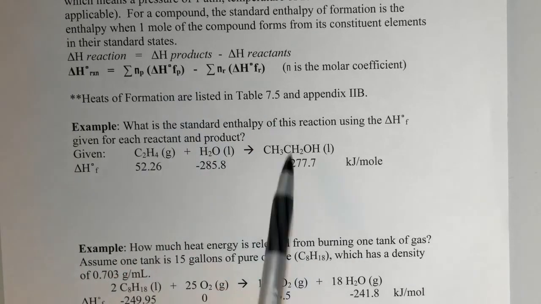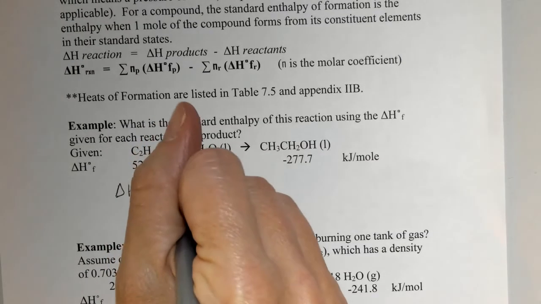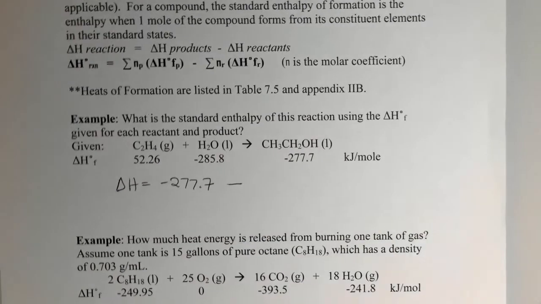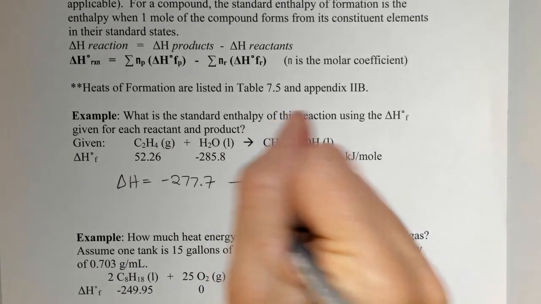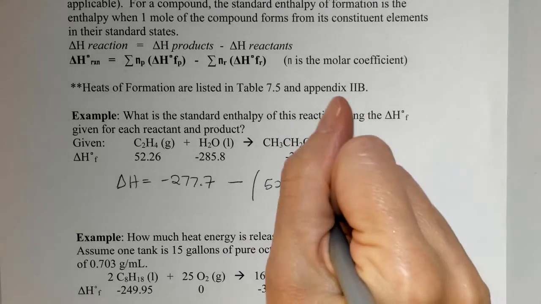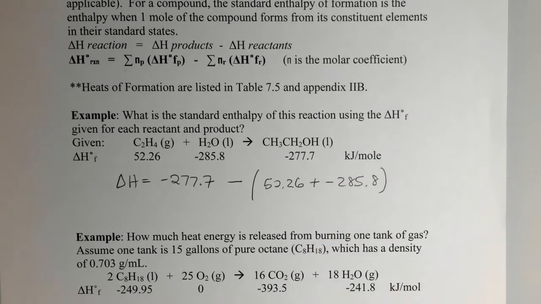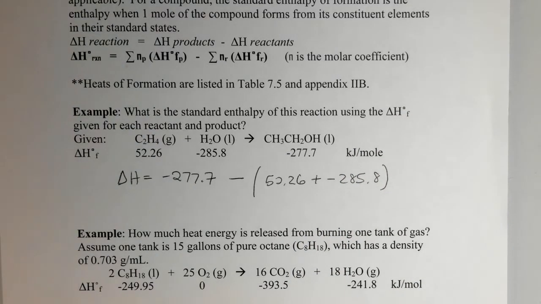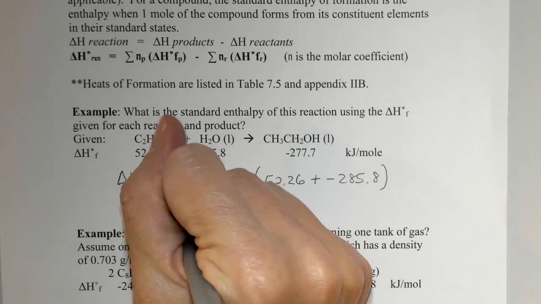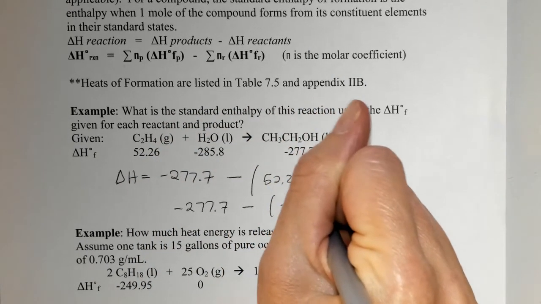So products, that delta H of the reaction, negative 277.7 minus the sum of the 52.26 for the ethene added to the negative 285.8 for the water. So first in the parentheses, 52.26 minus the 285.8. I have my negative 277.7 minus a negative 233.54.